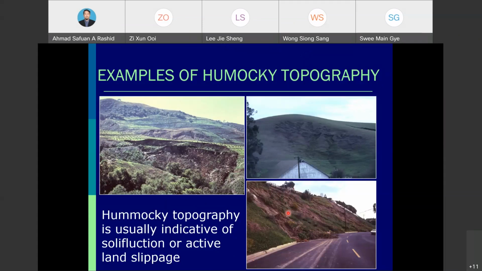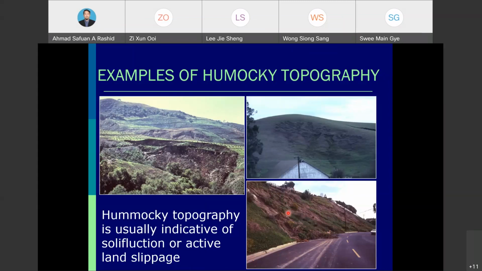Yes, because when I went through, for example, Hong Kong, for the slope, most probably under the Public Works Department of Hong Kong, they advise that any development should be located almost twice the height of the slope from the top.